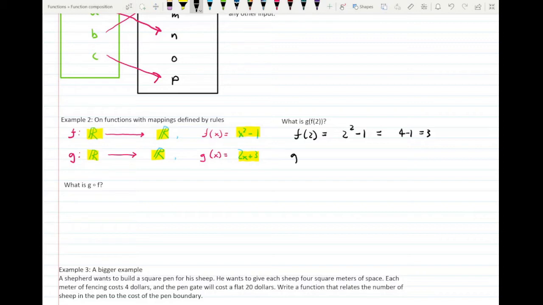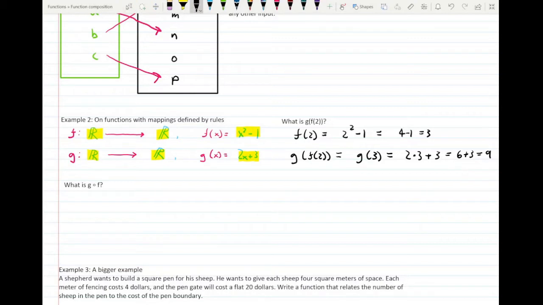And then we've got g of f of 2, which, as we just saw, is equal to g of 3. And that gets sent to 2 times 3 plus 3, or 6 plus 3, or 9.